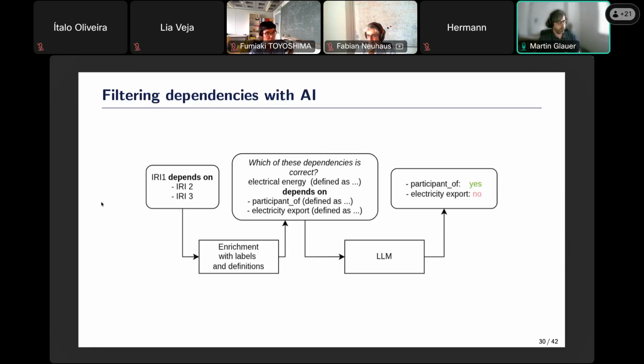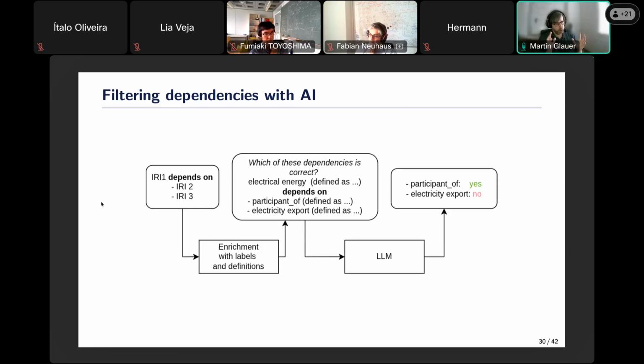We also supply a notion of what correctness of dependence means to the LLM. And then we give the class on the left-hand side of our dependence with its label and a definition, and then all other classes that this class allegedly depends on, also with label and definitions.